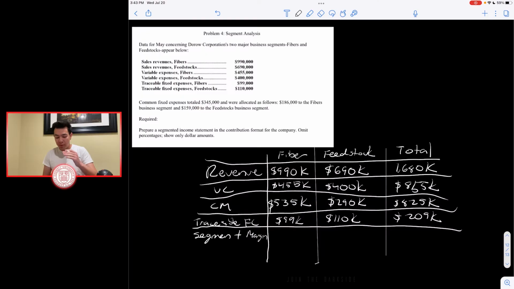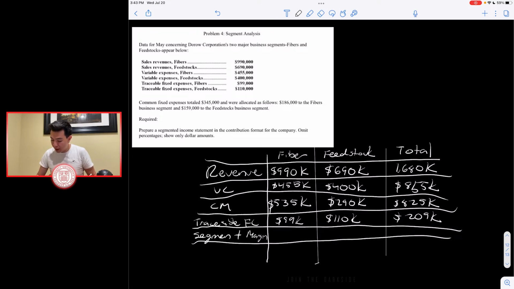So segment margin gets you as far down as possible where you can allocate cost specifically to those business segments, and you have to end their income statements at segment margin. So we do 535 minus 99, we get 436K. And for feedstock, we do 290 minus 110 and we get 180K. And we add those up together, 616K.